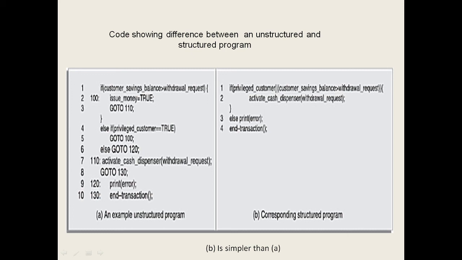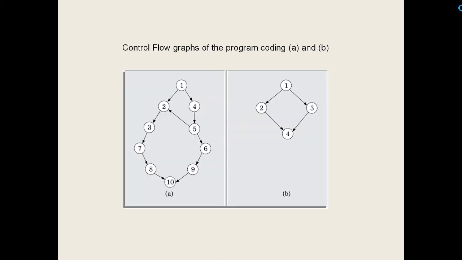And in either case, whether the condition is true or false, the control will be transferred to the fourth statement. So the path of execution is clear when using structured programming, unlike the unstructured program, which has a more complex control flow graph. We shall see the control flow graph for the earlier said two programs.